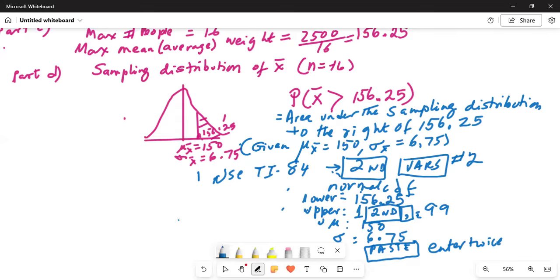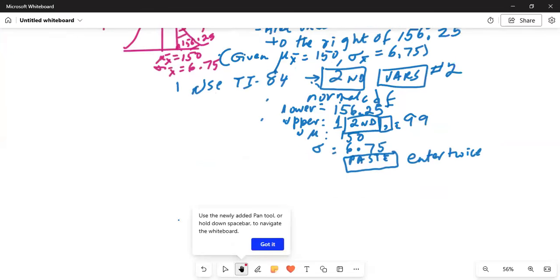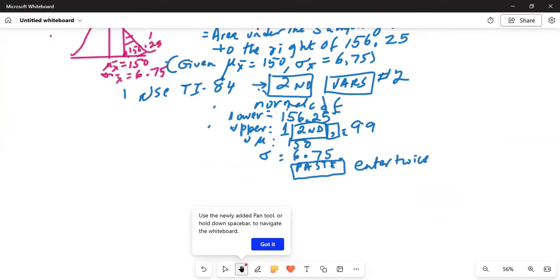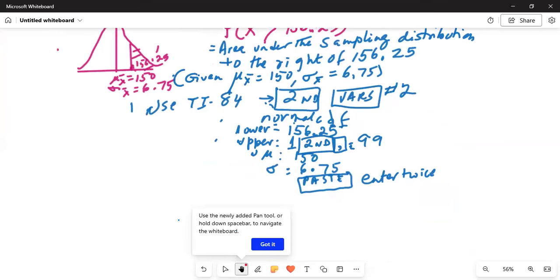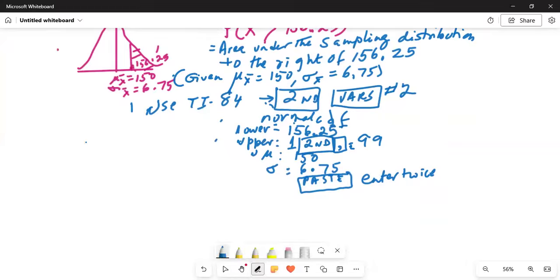So let me move up a little bit. Okay. So, yeah, something like that would do. So, probability of x bar greater than 156.25.